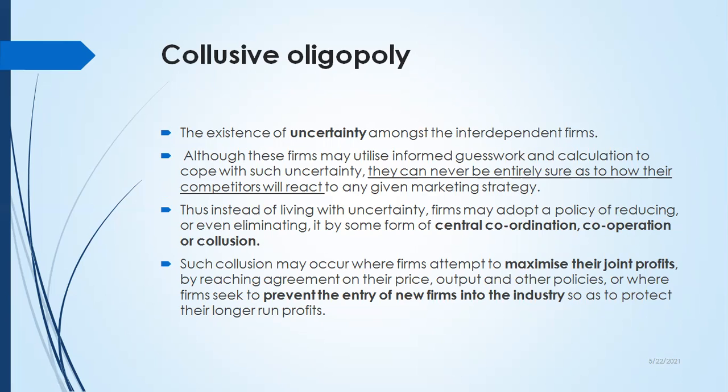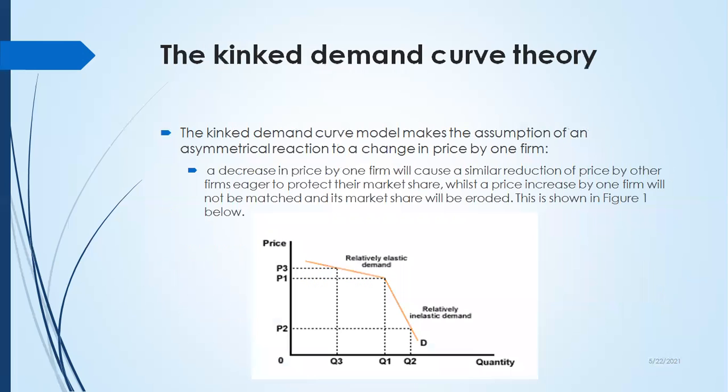Thus, instead of living with uncertainty, firms may adopt a policy of reducing or even eliminating it by some form of central coordination, cooperation, or collusion. Such collusion may occur where firms attempt to maximize their joint profits by reaching agreement on their price, output, and other policies, or where firms seek to prevent the entry of new firms into the industry, so as to protect their longer-run profits. This is what happens in a collusive oligopoly.